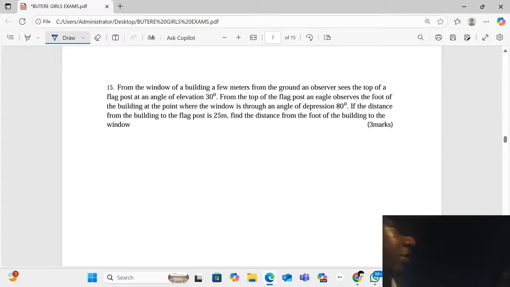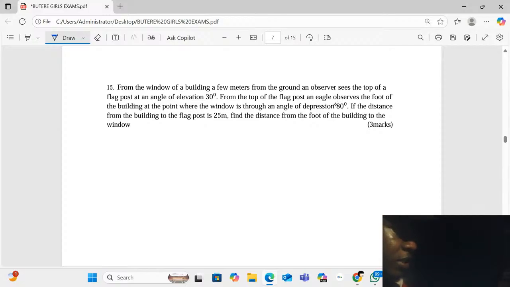Then question number 15. From the window of a building, a few meters from the ground, an observer can see the top of a flag post at an angle of elevation of 30. From the top of the flag post, an eagle observes the foot of the building at the point where the window is, through an angle of depression of 20.